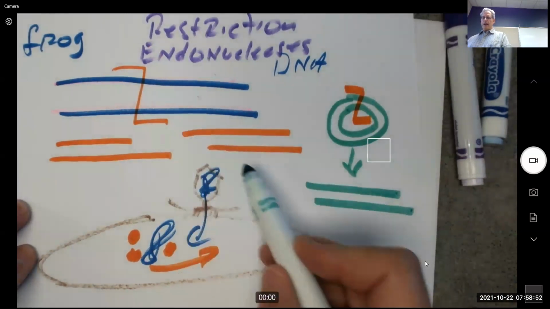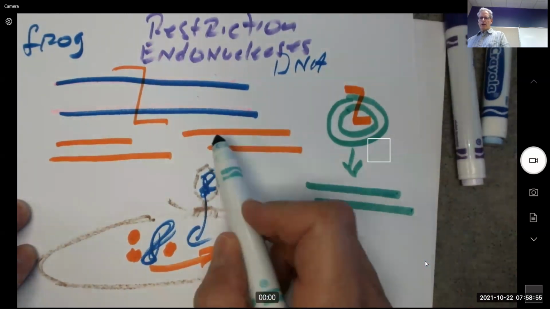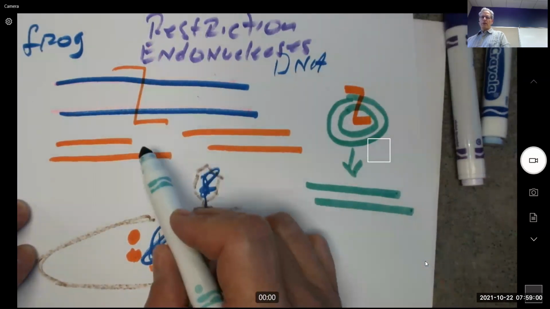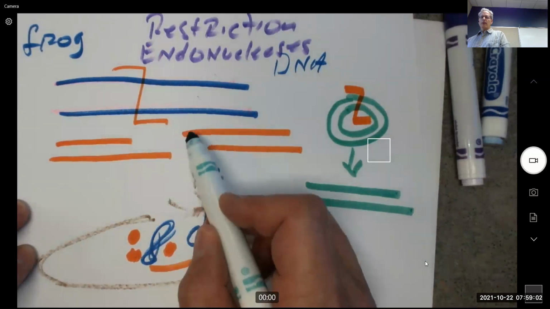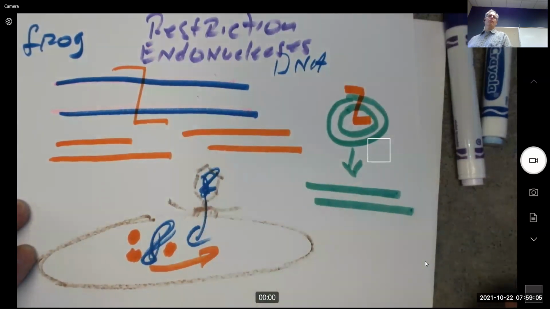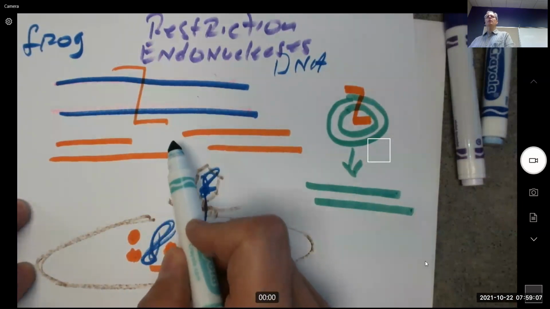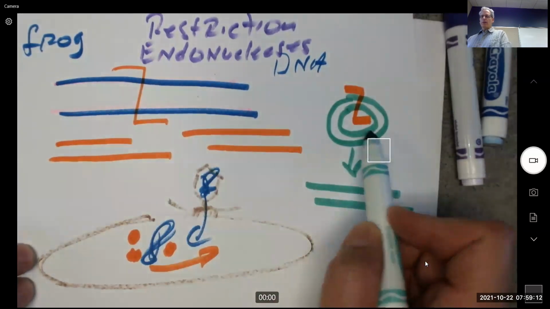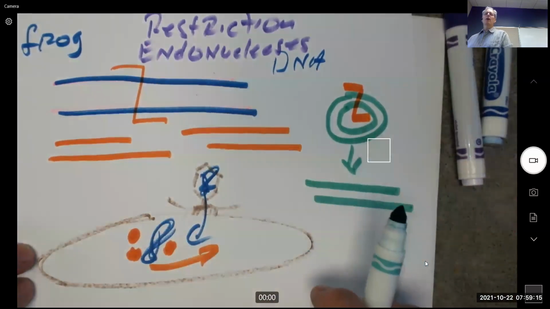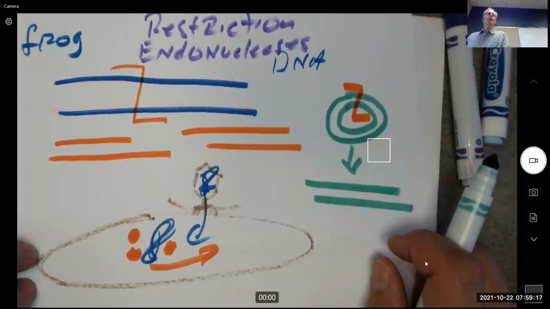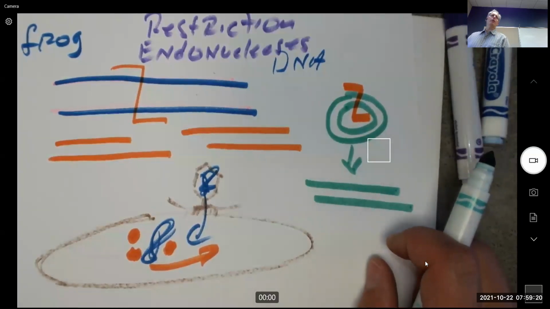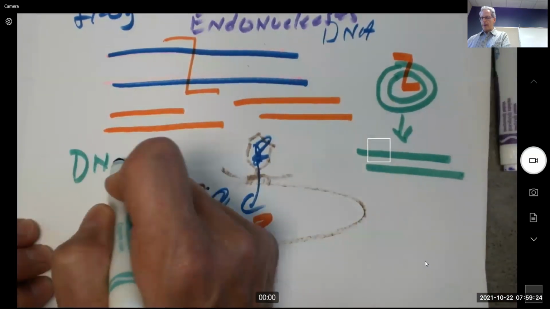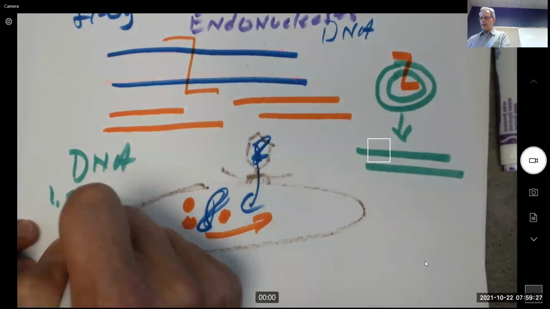These two sets of sticky ends, the sequence on the ends here is the same. So the sequence here is complementary to this sequence here. This sequence here is complementary to this sequence here. So what you should be able to do then is take this DNA that was cut with the same restriction endonuclease, put it in a test tube, then put it at very low temperature with high salt in the presence of this repair enzyme in cells called DNA ligase.